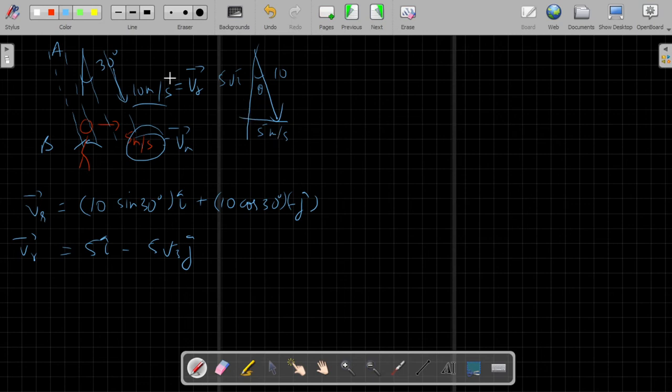So we would be observing that the cars A and B would be moving in x direction with the same velocity, which means that they would be covering distance in x direction at the same rate. So they won't be seeing each other moving in x direction at all. There would be no relative velocity in x direction.